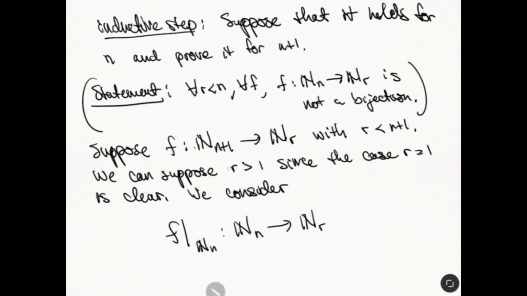So this is at least 2. That's why we suppose this set minus the set of f of n plus 1. Okay, and since we're removing a single element, this could have landed anywhere in here. By the lemma, this is isomorphic to N_(r-1), and this is still a positive thing.